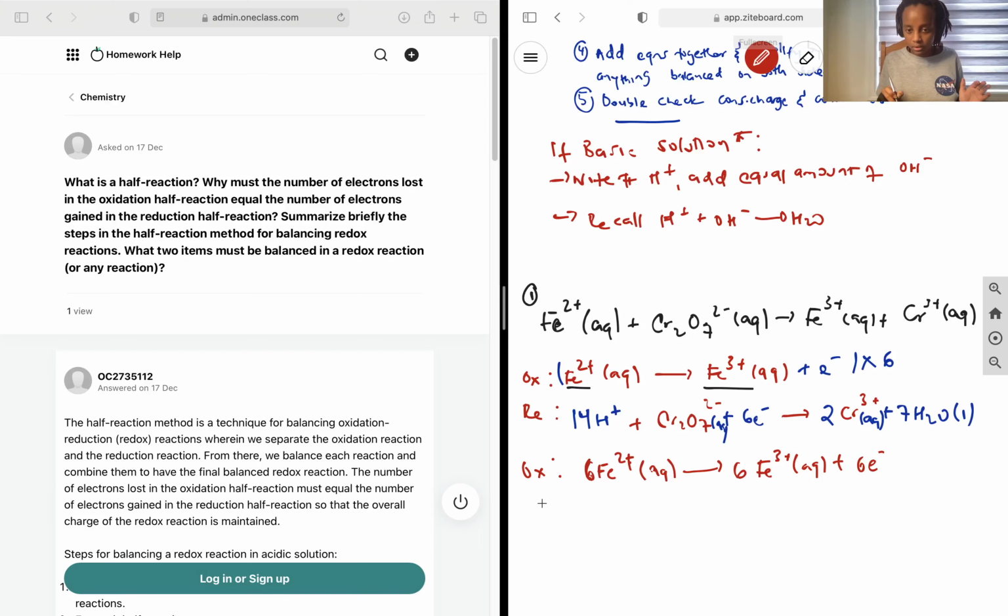And so next we just add these two equations. We know that the 6 electrons cancel. So that's the first thing that we deal with canceling out. And so let's just write the total equation down here.